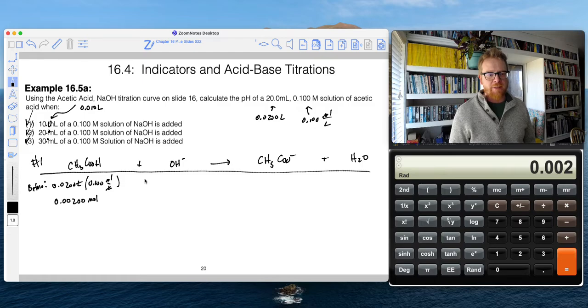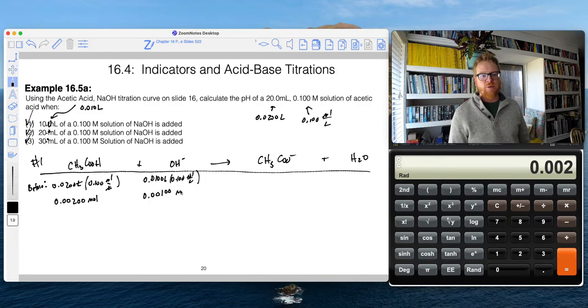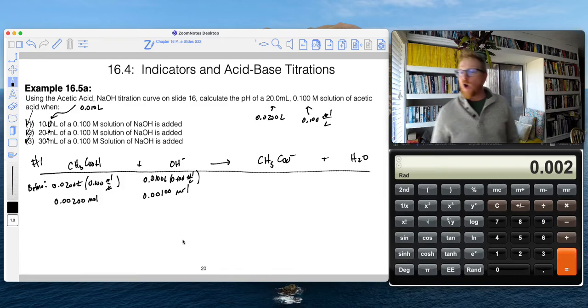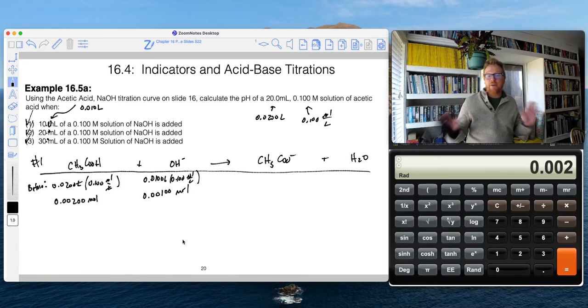I just want them to all have the same number of sig figs. So that's going to be 0.0100 liters, which is our 10 milliliters, times our 0.100 mole per liter, and that's going to be 0.00100 mole. Hopefully you can see by now that's going to be the half equivalence point.